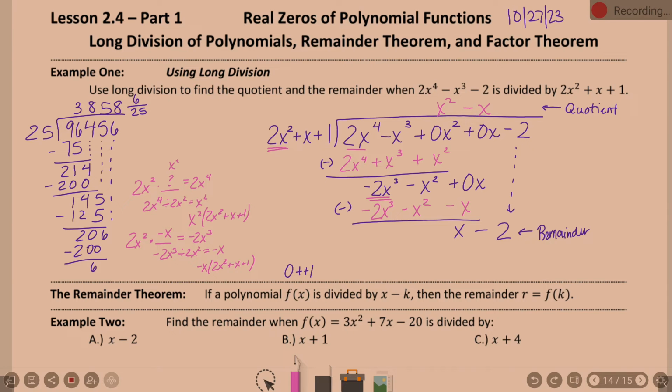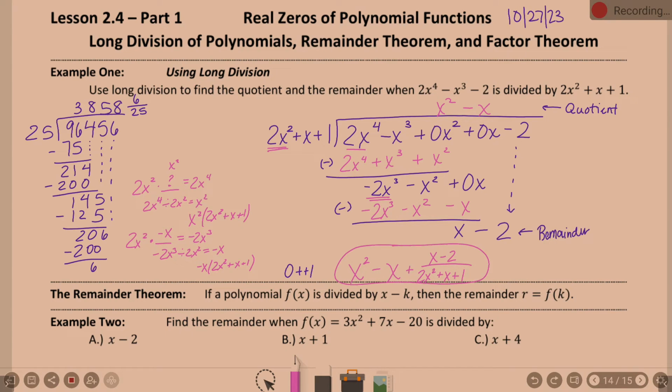So my answer is going to be x squared minus x plus my remainder of x minus 2 over the original divisor of 2x squared plus x plus 1. That is your official full answer there.